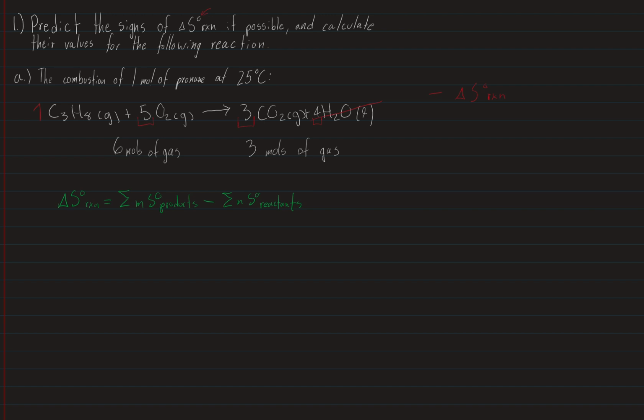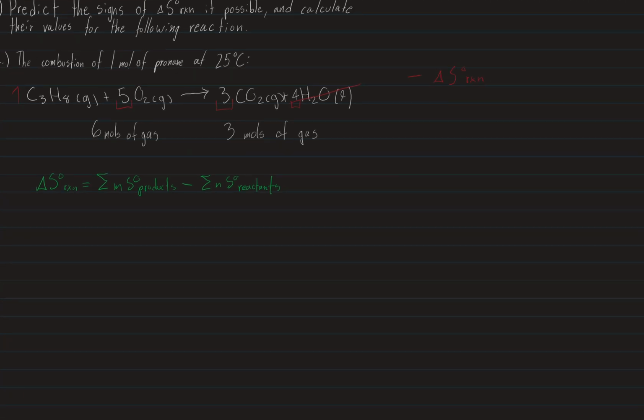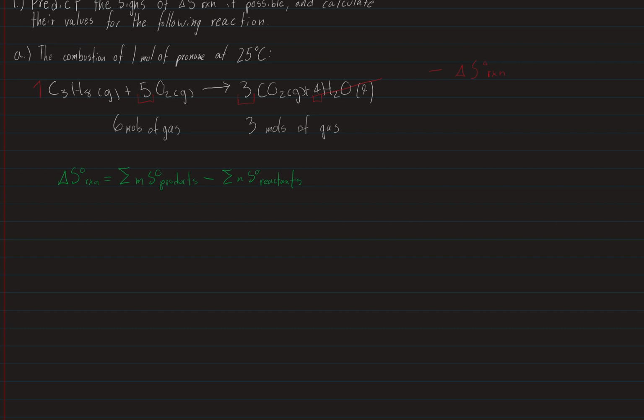Sorry, it's not the change in entropy, it's just the entropy. But either way, here we have our products and here we have our reactants, so we're just going to flip them to each side, and our equation is going to look like this.